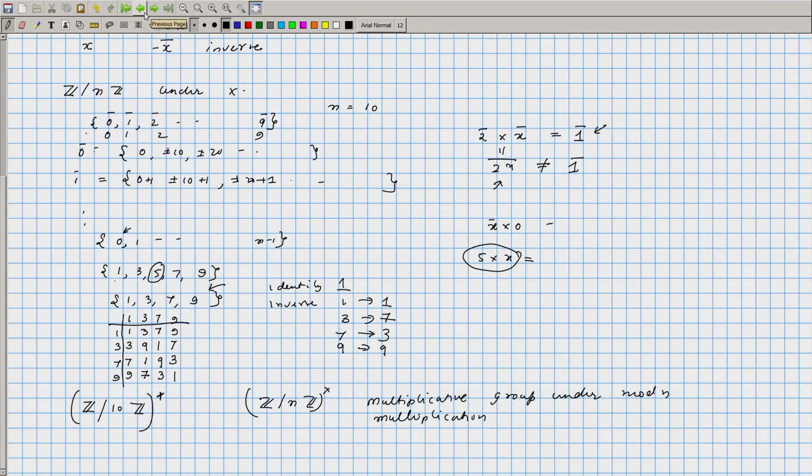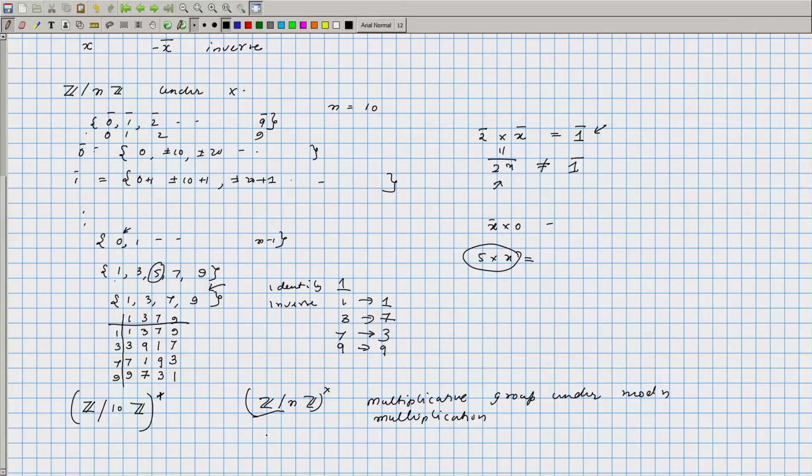You can try to guess what are all the elements that are going to be there in Z divided by nZ. It is going to have at most n minus 1 elements, because 0 is automatically not going to be present there. So, the elements from 1 to n minus 1 could be present, and that happens in some special cases.